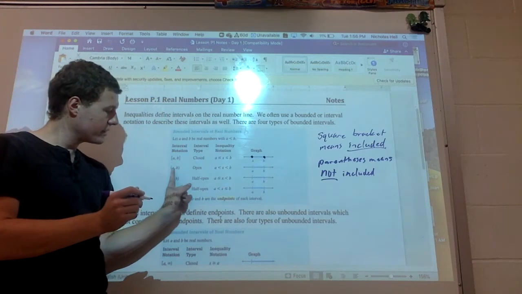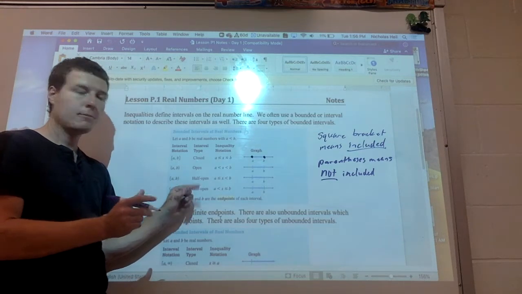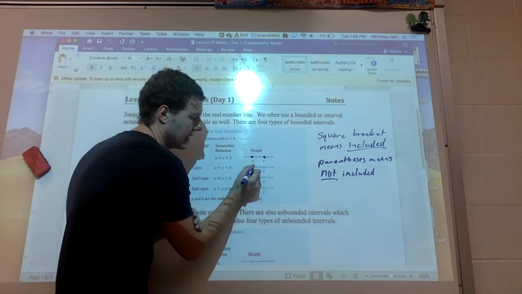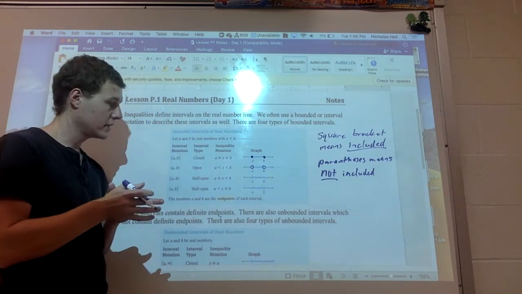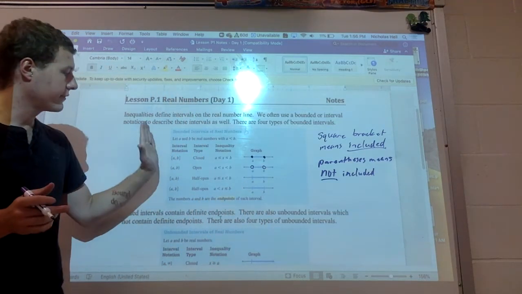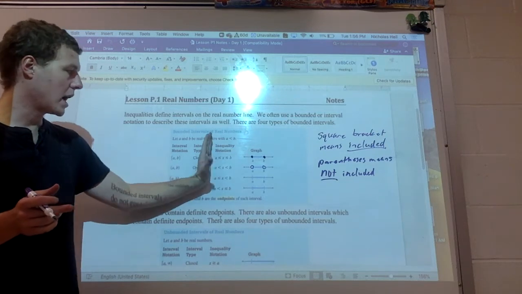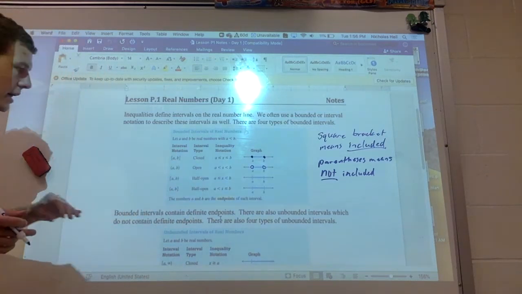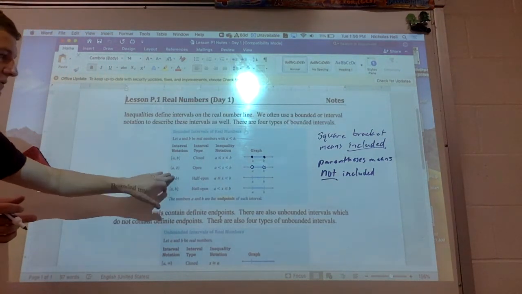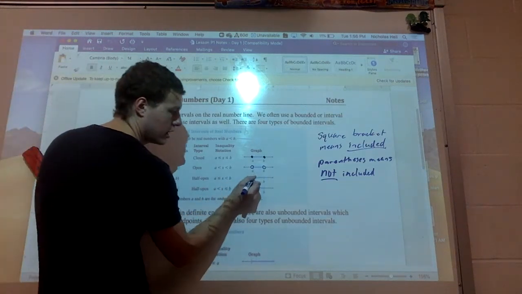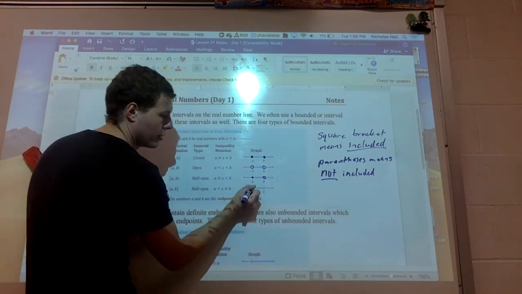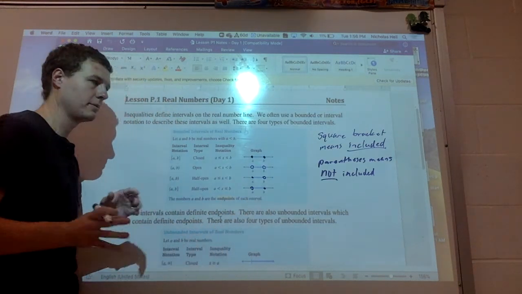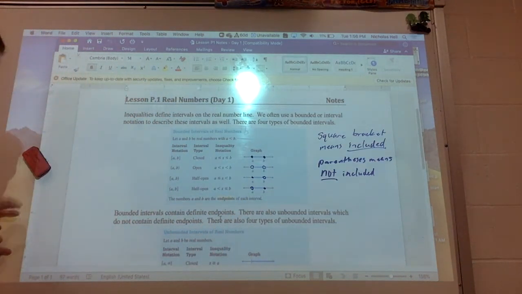Whereas down here, using parentheses from A to B means we're not including the endpoints, and oftentimes we have that as an open circle on our intervals. So it's always from the left to the right, lower to higher number. And we can do half open, half closed intervals, so this would be a closed point here and an open dot here. This would be an open dot and a closed, so you might get used to seeing that.